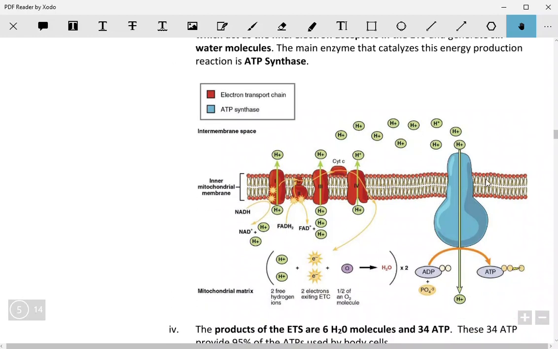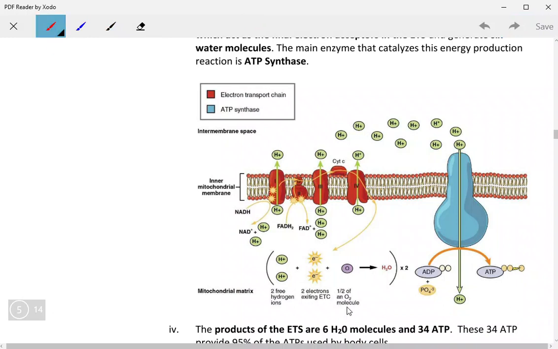Now, something else you should understand is this. When the hydrogen ions flow back into the mitochondrial matrix, what are they going to be used for? Well, they are going to combine with oxygen. So oxygen becomes the final electron acceptor.